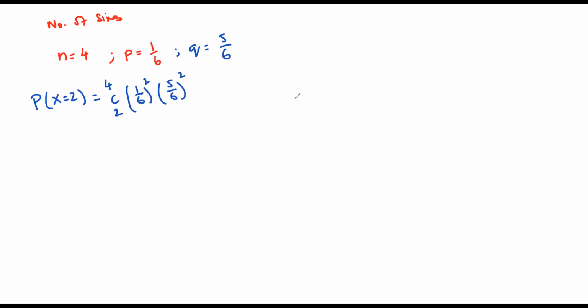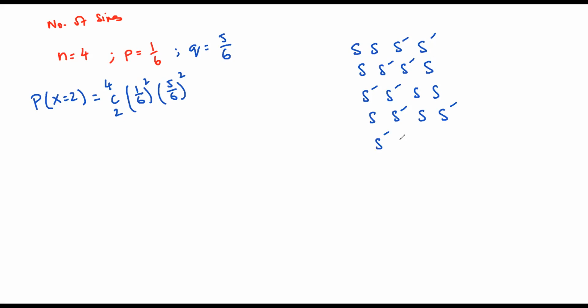We want 2 sixes and obviously there will be 2 non-sixes, so that is how you will find this. Let me illustrate this now. You can have 6, 6, not 6, not 6. You can have 6, not 6, not 6, and a 6. You can have not 6, not 6, 6, and 6. And then similarly we can have 6, not 6, and then 6 and not 6, or we can have not 6.